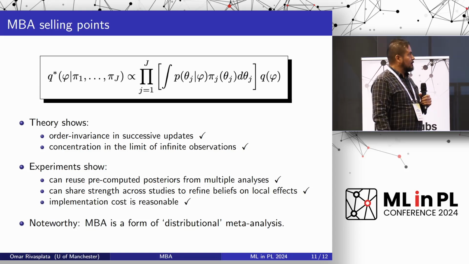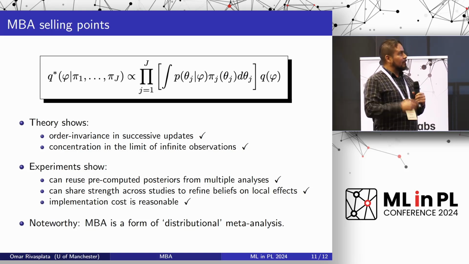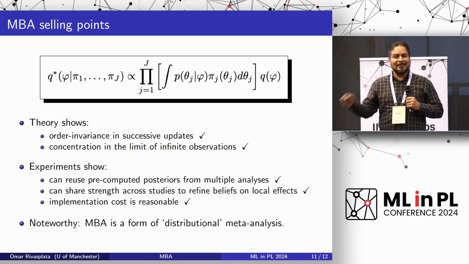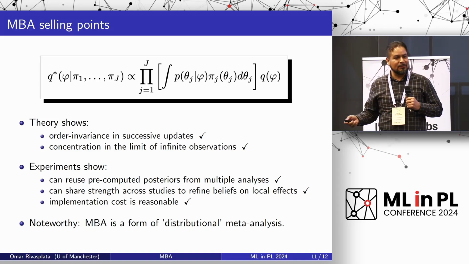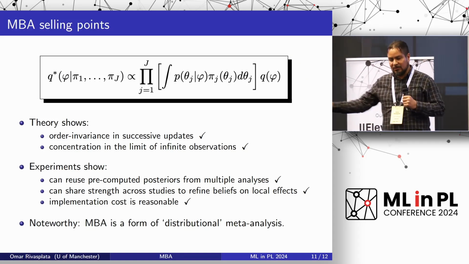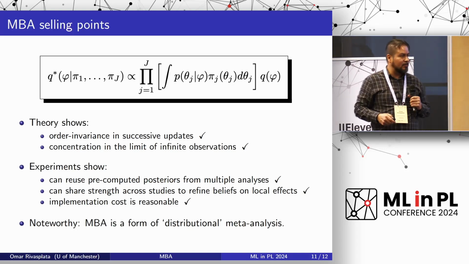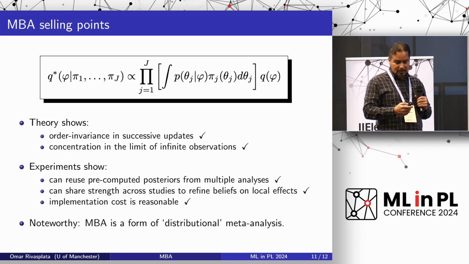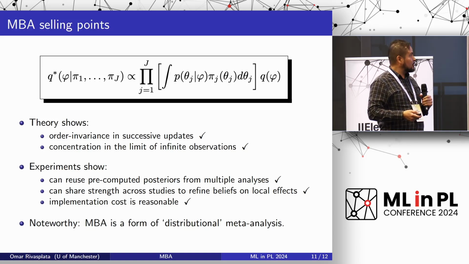In this paper, we experimented with sharing distributions, representing the shared distributions by samples. So what one study was sharing with the other was samples from the corresponding posterior distributions. Or what the meta-analyst receives from each of the local studies is a collection of samples from the posterior. What is the best way to share posteriors is something to think about for the future.